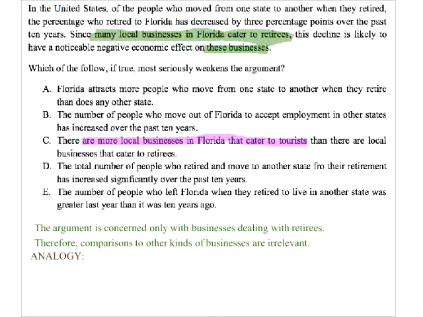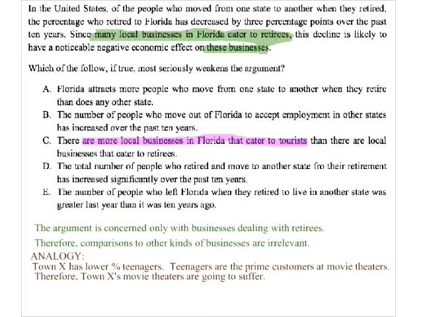Town X has a lower percentage of teenagers now. Therefore, town X movie theaters are going to suffer.